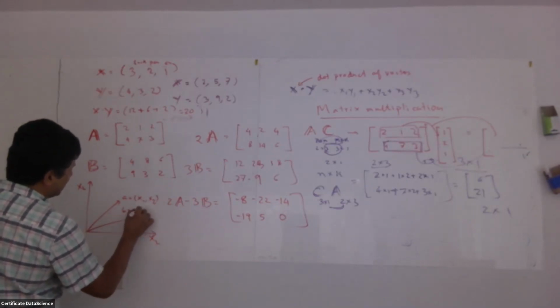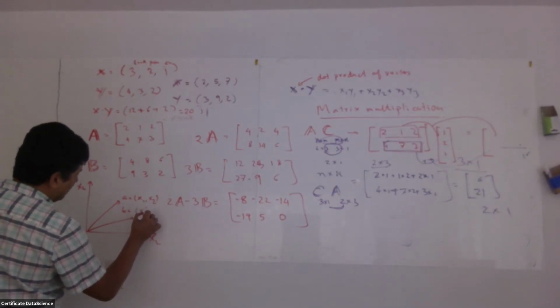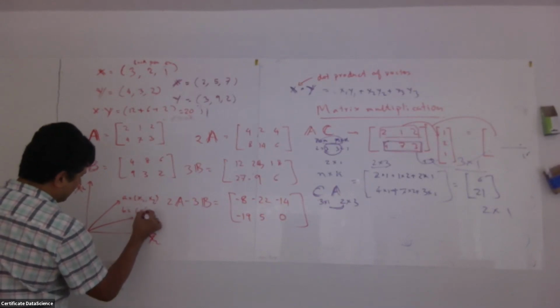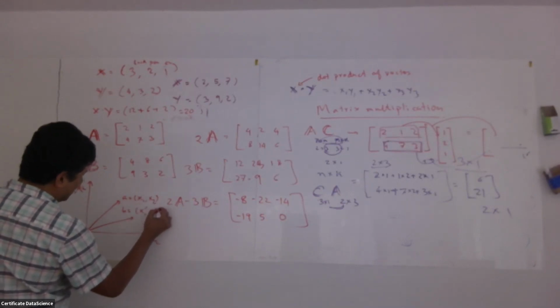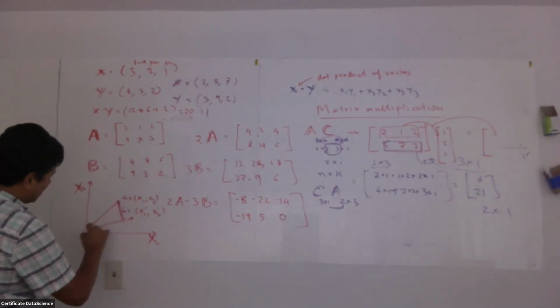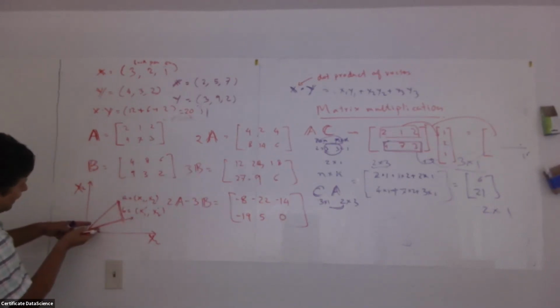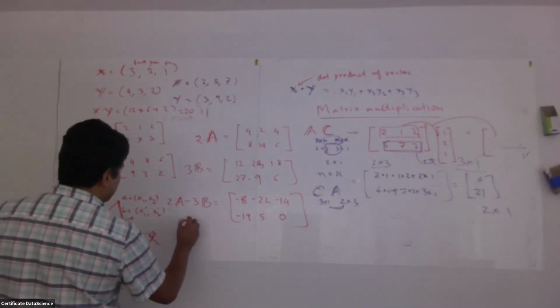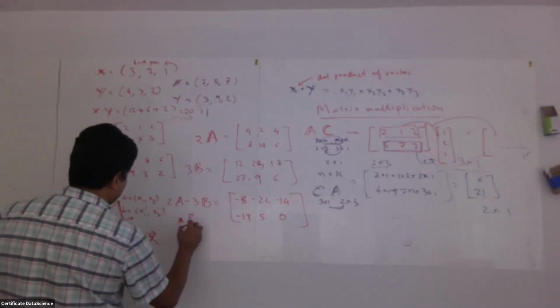Another value is x1 prime, x2 prime. These are the coordinates, these are the actual values. So I want to know, if I draw a perpendicular, how much similar they are. The more similar they are, the bigger will be the dot product. A dot B, or I should use bold, right?